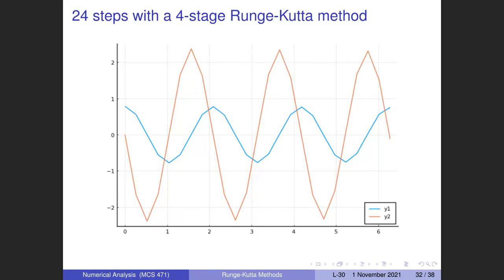Here, the 4-stage Runge-Kutta method does essentially very little work, but still already gives a plausible plot, with really a minimum number of points, but it is still plausible. So this illustrates the power of the 4-stage Runge-Kutta method.